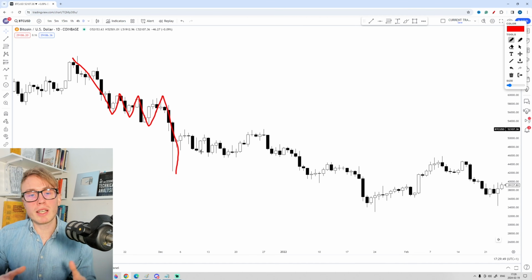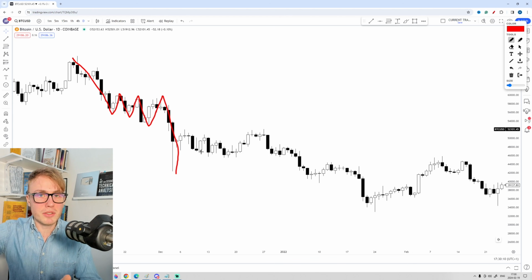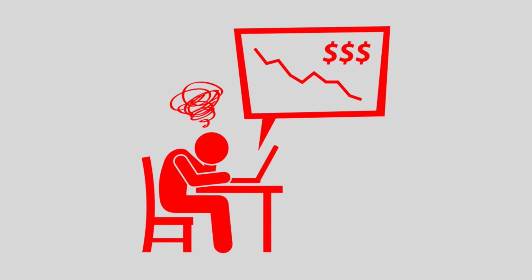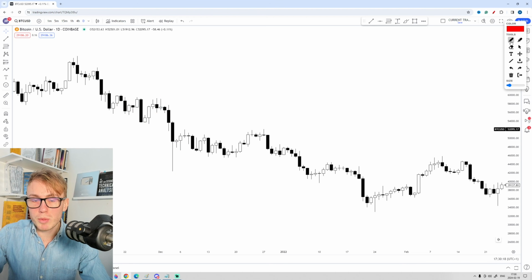However, when looking at market structure, I find that having these very small movements on the chart can often lead to over-analyzing the chart, which in turn can lead to worse trading decisions and inevitably losing more money than necessary. So how I would mark this chart, for me, the most clear change in the character is this low right here.